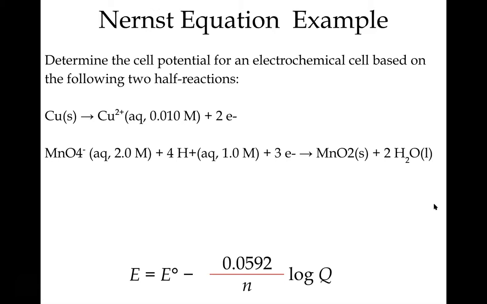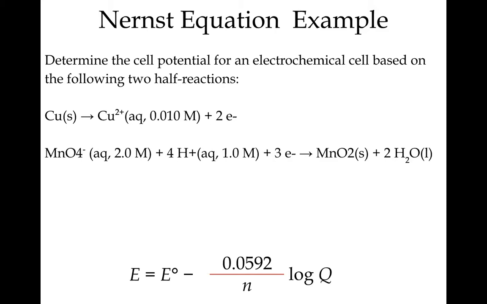So now you guys should be pretty much masters at oxidized and reduced half reactions and plugging it in and figuring out how to solve for whatever is missing. Here they're asking for the cell potential of this electrochemical reaction, or this electrochemical cell based on these two half reactions.